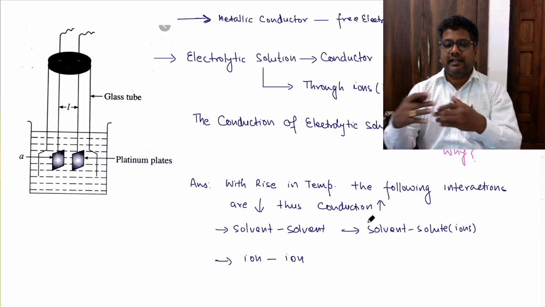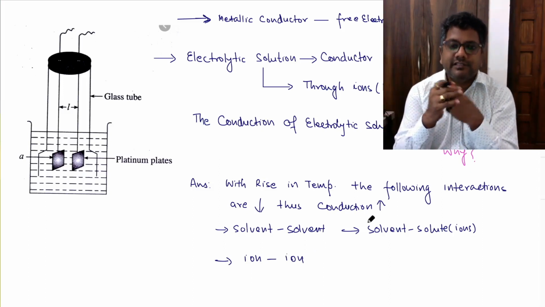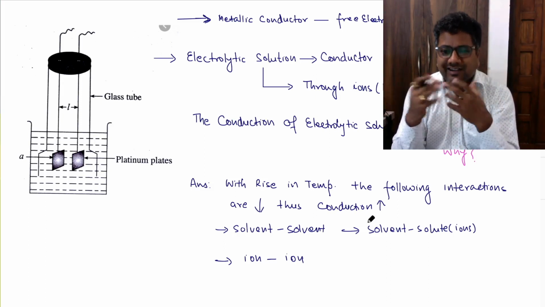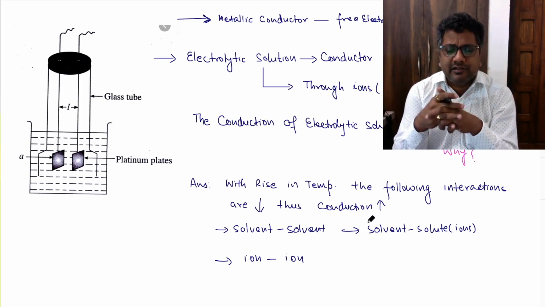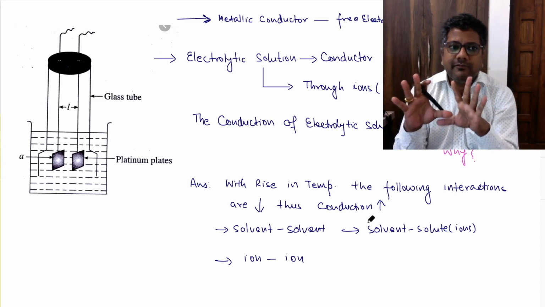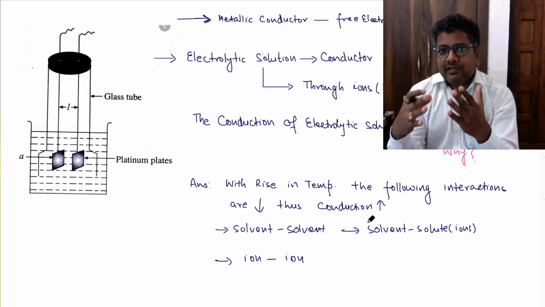All these interactions decrease with rising temperature. Therefore, whatever parameter you are taking, conduction or conductivity, increases with rising temperature. So this is the fundamental difference between a metallic conductor and an electrolytic solution.